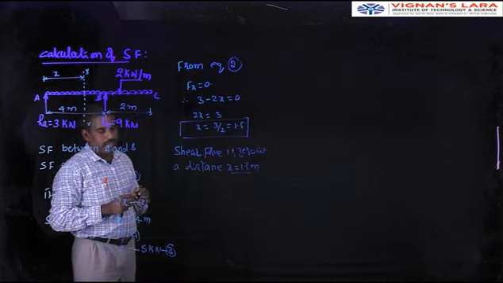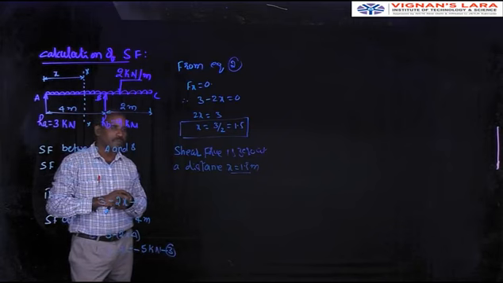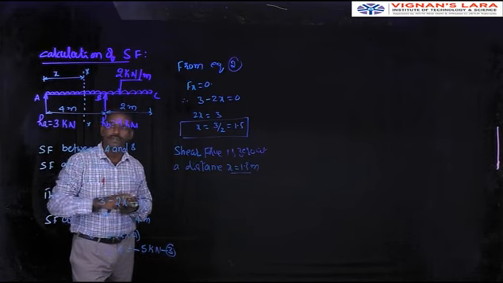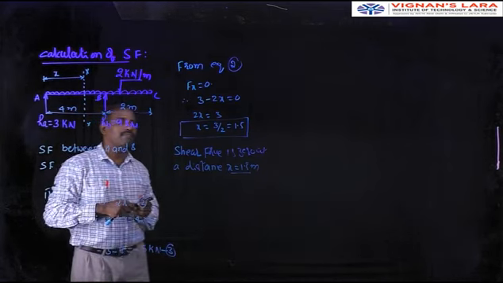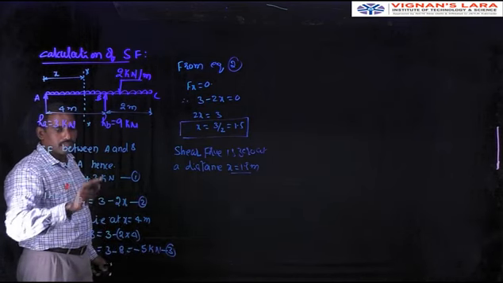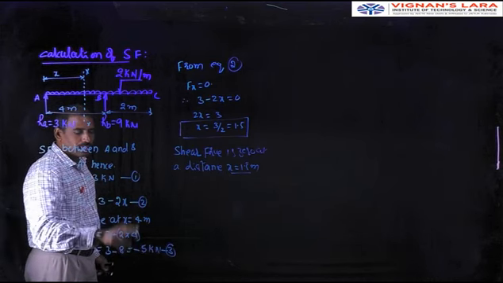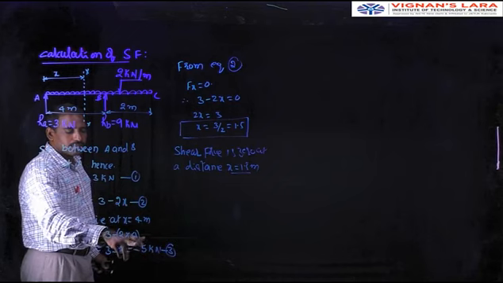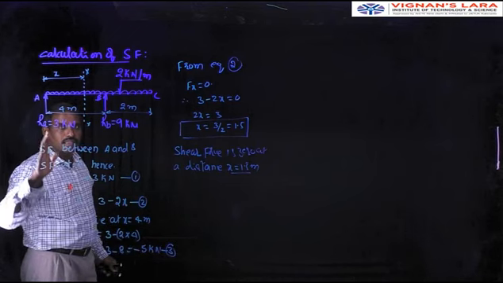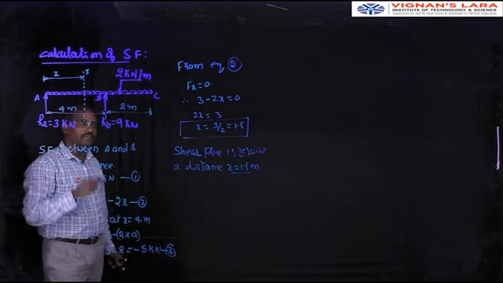Definitely the bending moment is maximum at a distance of 1.5 meters from end A. We know the shear force equation from equation number 2. At A the shear force is 3 kilonewtons positive and at B it is minus 5 kilonewtons. It means the shear force is negative at B, and changes from positive to negative. Definitely it is 0 at a particular point.